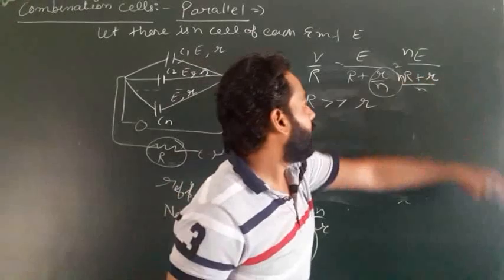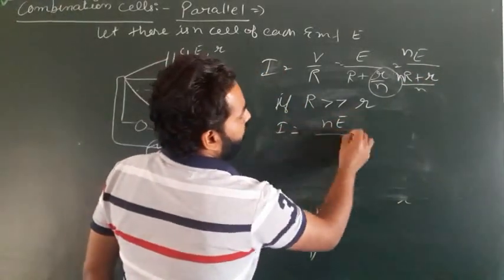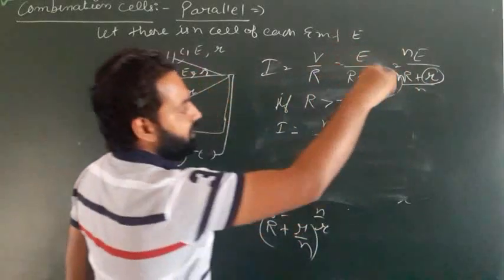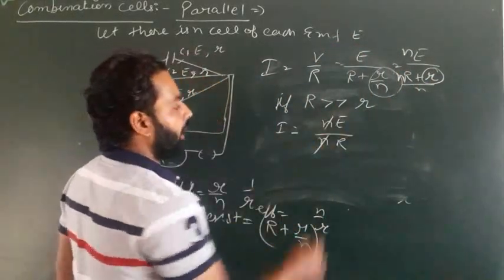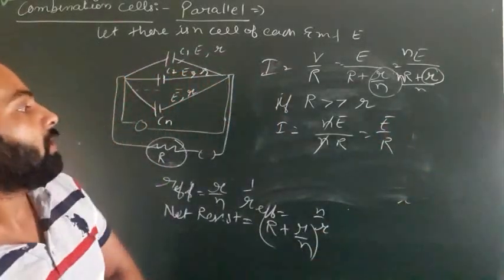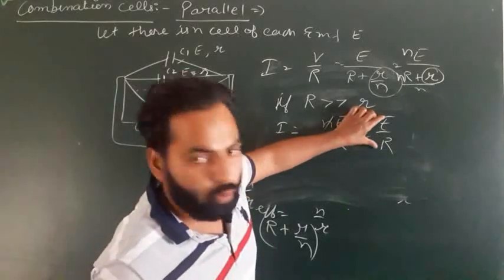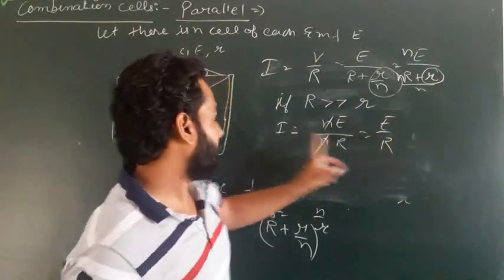Clear? So I comes out to be nE by nR plus r. Since r is very small, it is neglected, so that comes out to be nR. So this n cancels with n, and I comes out to be E by R. This is the current for one cell, where E is the EMF of one cell and R is the resistance.